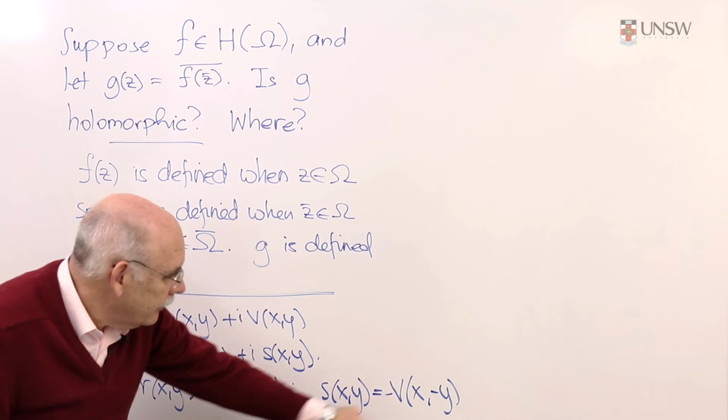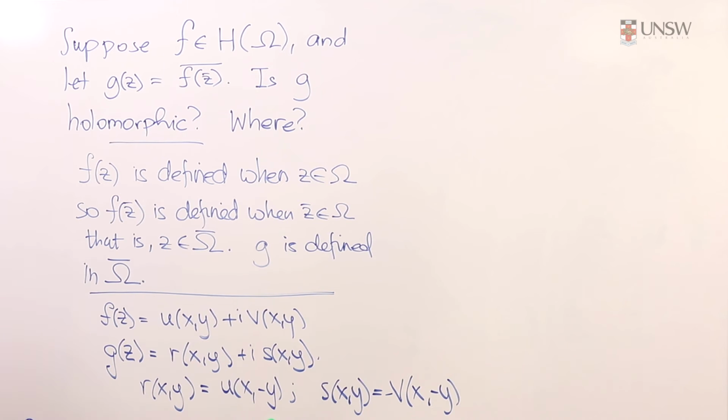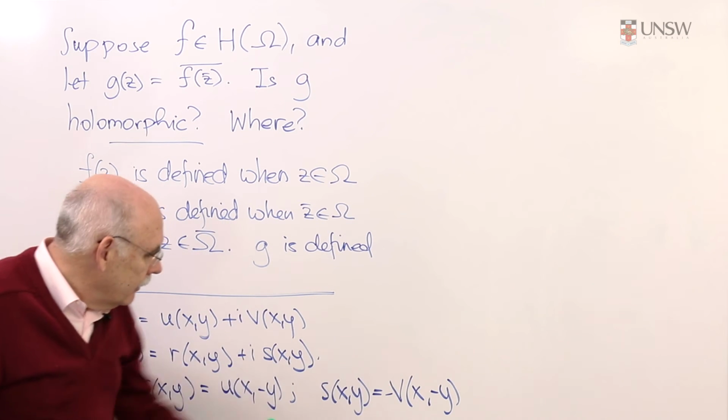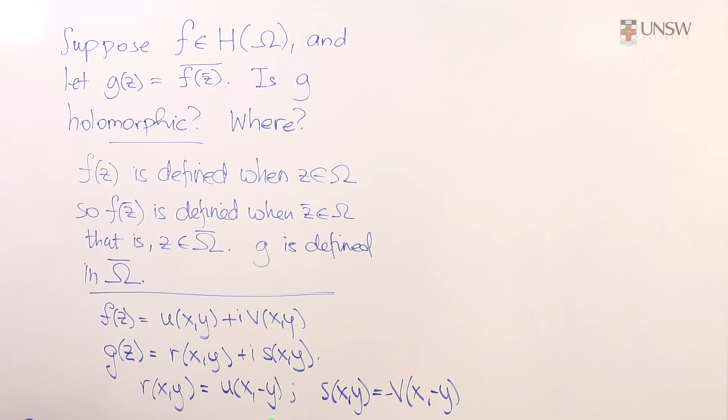That's where the minus sign is coming from. Okay, so now it's a bit painful to write these x y's over and over again, so I'm going to stop writing them, but always there's going to be this relationship where we've got an r and s with x y, then we've got a u and v at x minus y.